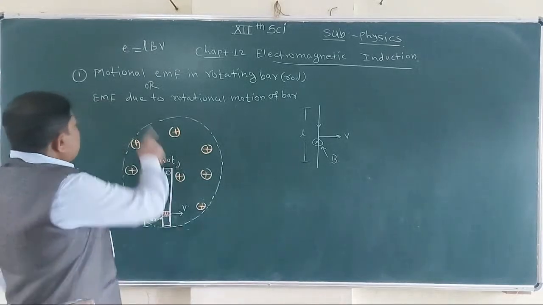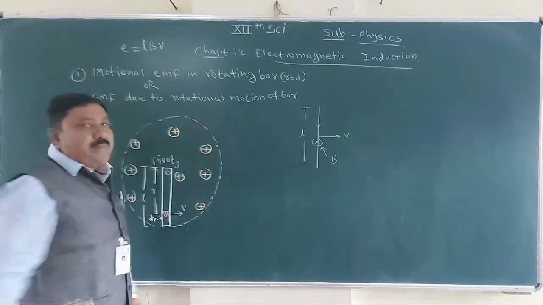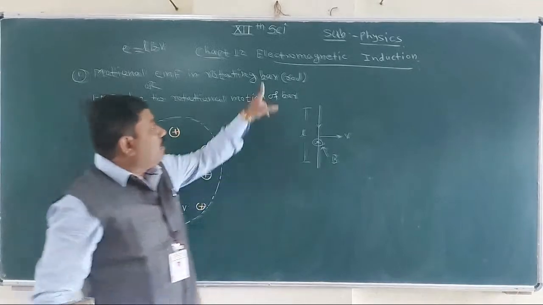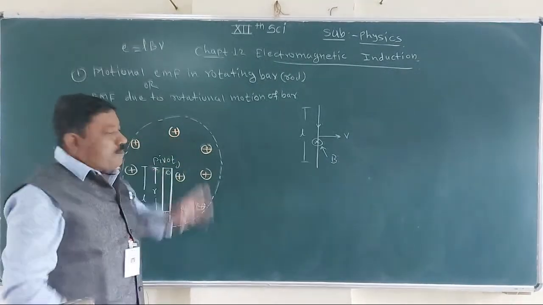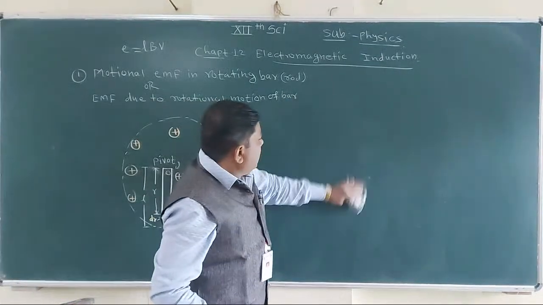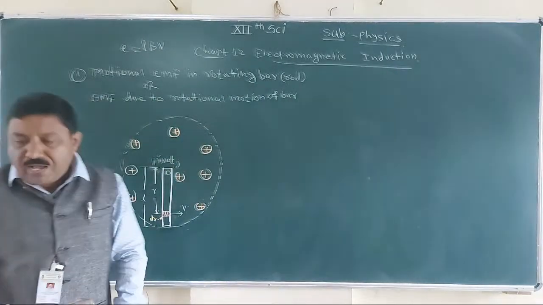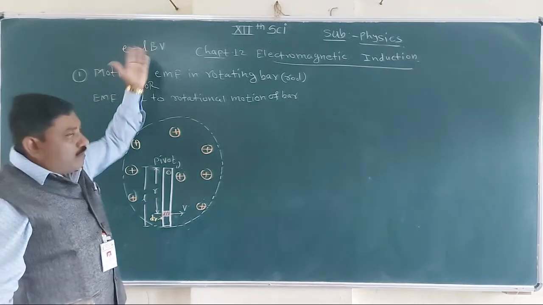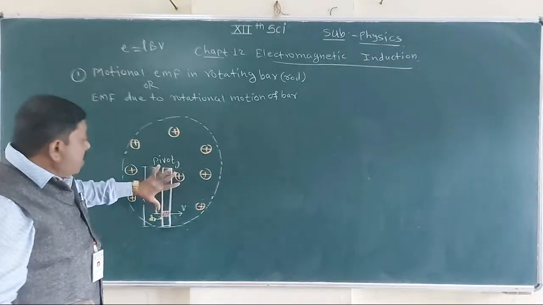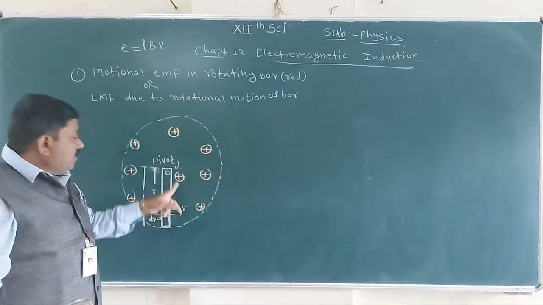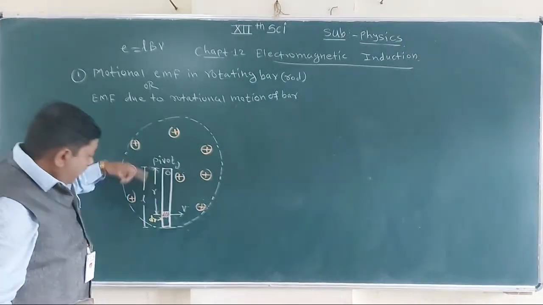Now we want to study motional EMF in a rotating bar, or rotating conductor, or rotating rod, in the uniform magnetic field of induction. Again we can get the formula by Faraday's law as well as by Lorentz force, and now we want to calculate the EMF produced in the rotating bar.